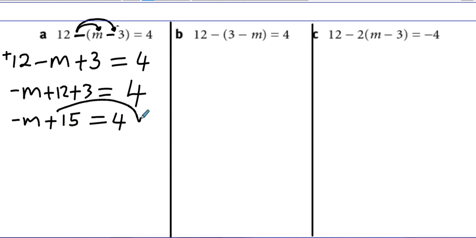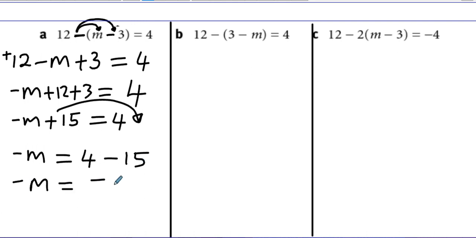Positive 15, take it to the right hand side. That will be negative m equals 4 minus 15. Negative m, okay. We have negative m equals to 4 minus 15. This will be negative 11.